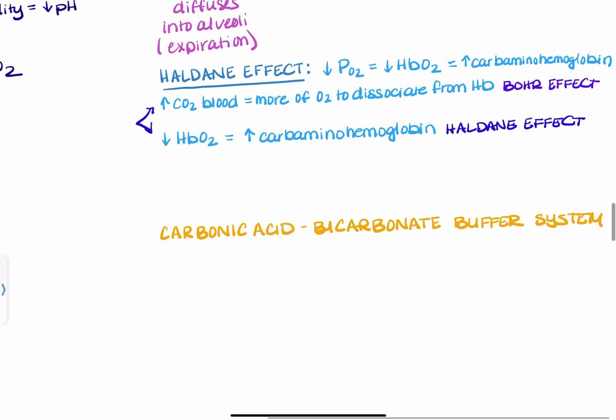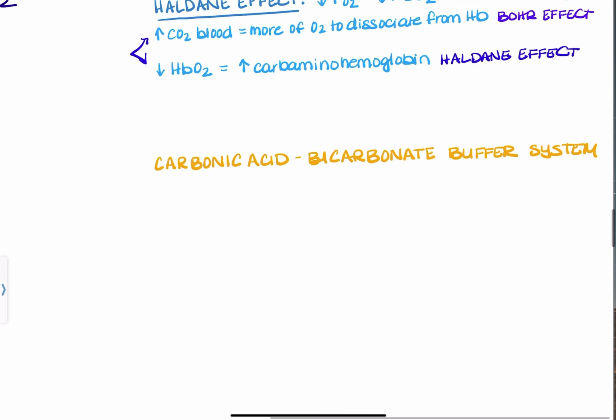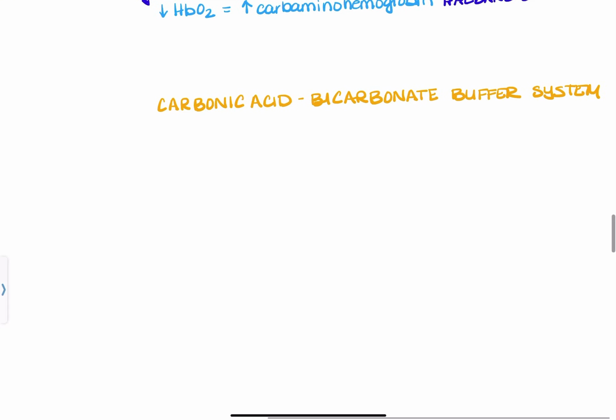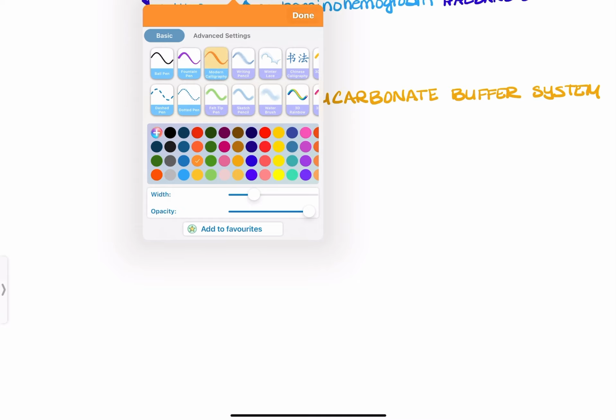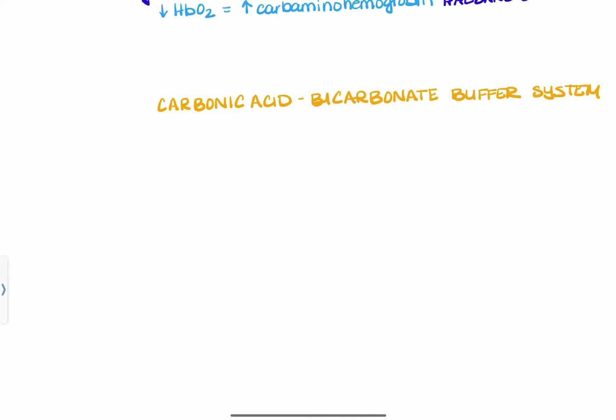Okay, the last thing that we absolutely need to talk about for this series of short lectures is the carbonic acid bicarbonate buffer system. I don't want to get into too much detail because I know you already have a lot to cover. I just want to point out a couple of things. Anytime we're talking about a buffer system, the buffers are going to help resist changes in pH. How do they help resist changes in pH?